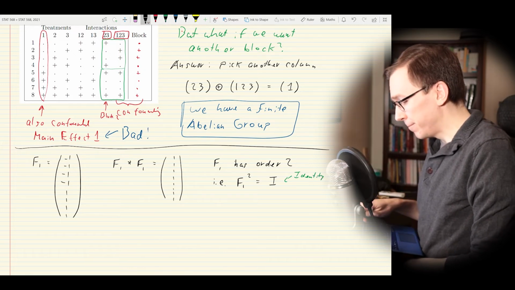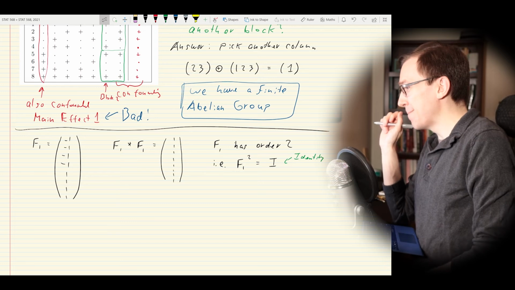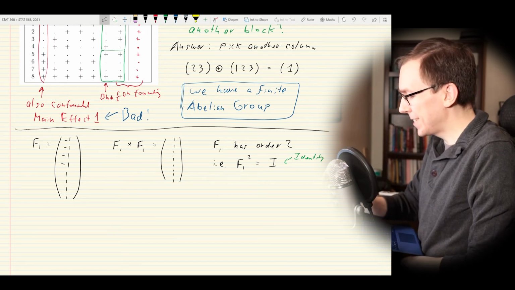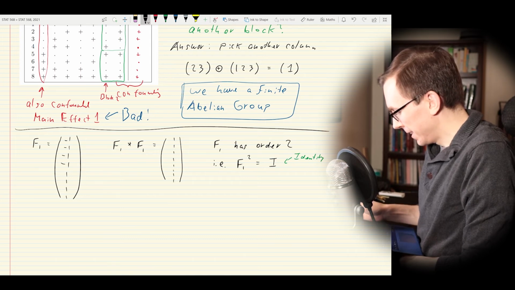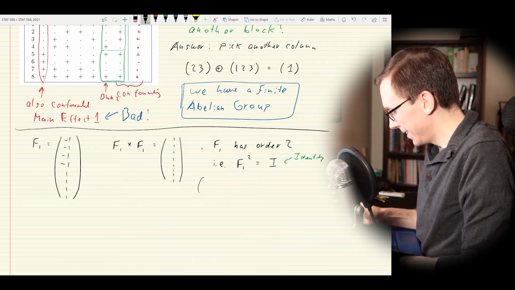Okay. And if we look at this mathematically, what we actually have is a cyclic group of order 2.